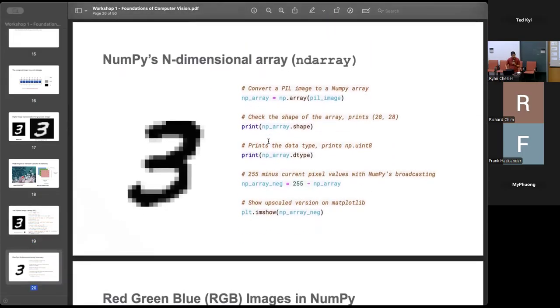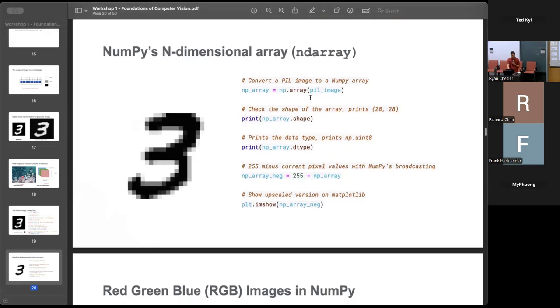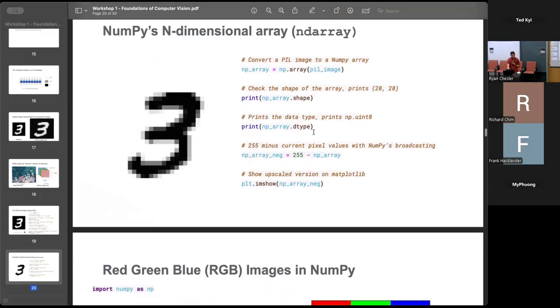So then going to NumPy arrays. This is what I was saying before. You have that Pillow format that opens the image, but then you can pack it into a NumPy array, and NumPy arrays are nice because you can do basically any linear algebra operation on top of it. So you can do something like invert it.